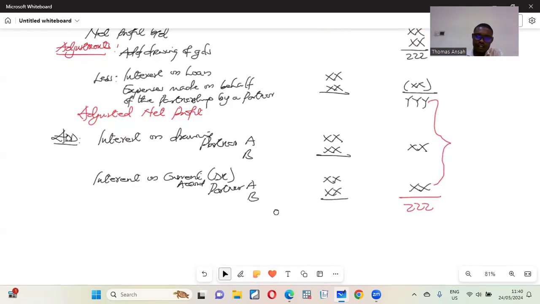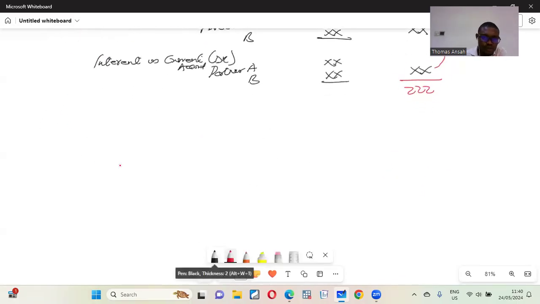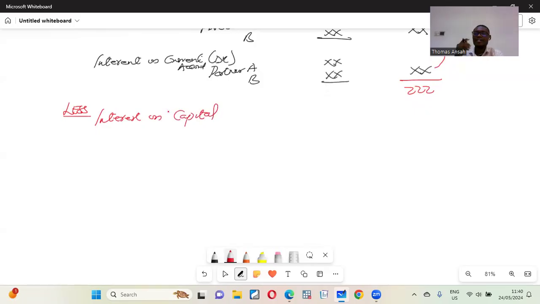Then what are the things we deduct? We will less something like interest on capital. Why do we less interest on capital? Because the capital is given by the partner. It's like the partner gives the partnership money and the partner is taking interest.